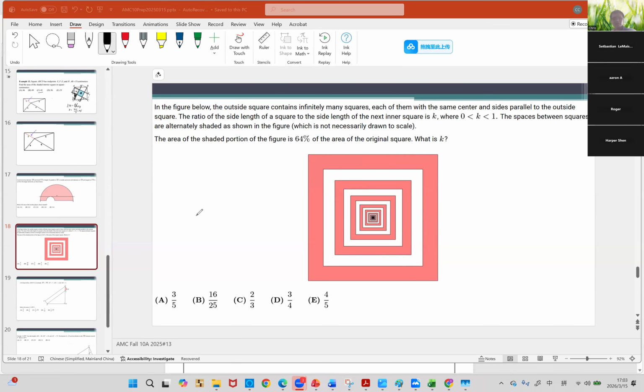The area of the shaded portion of the figure is 64% of the area of the original square. What is K? I can also show you how to do this in 20 seconds. You can do it in 37. So it's D.